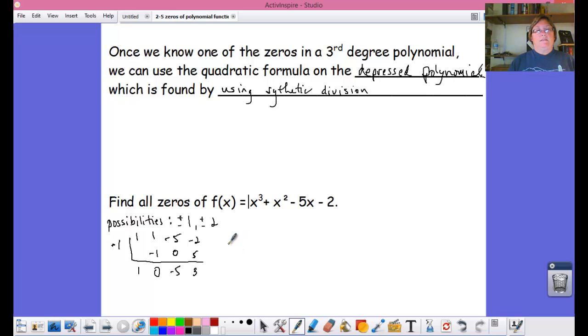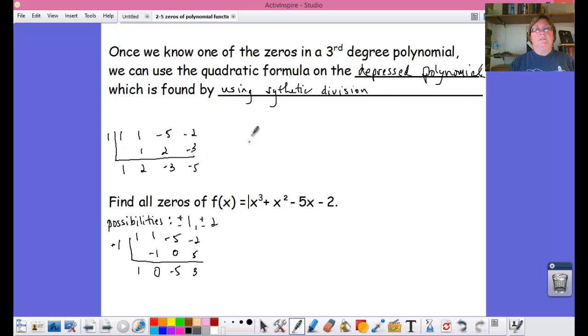What about positive 1? I'm going to do my work up here. So coefficients are 1, 1, negative 5, negative 2, and this time I'm trying positive 1. 2, 2, negative 3. Oh, that's not working either. Well, I'm lowering the probabilities, I guess.